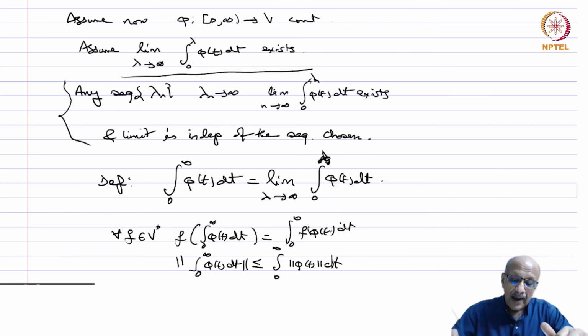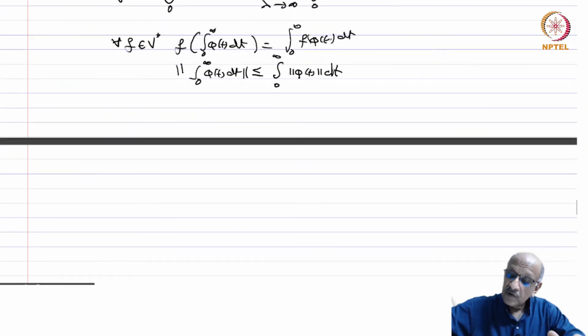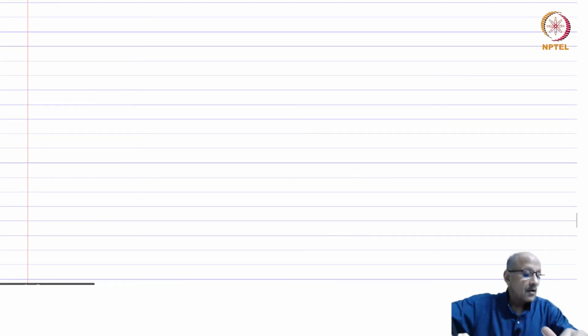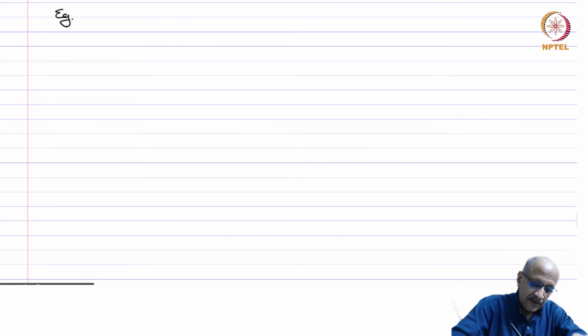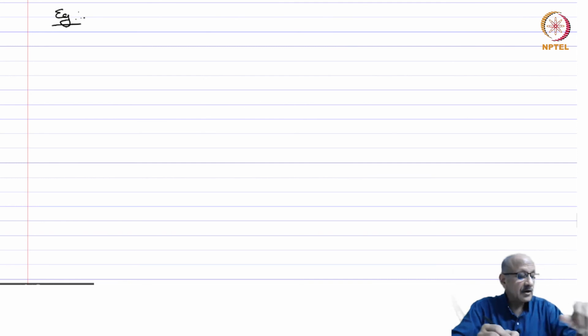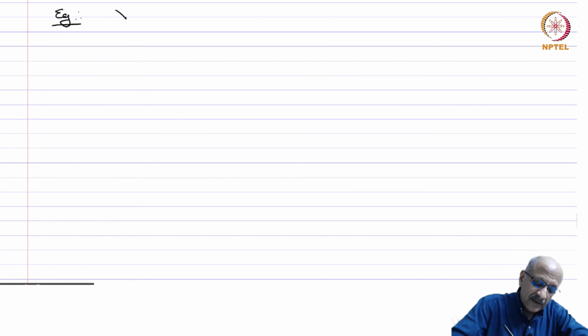Okay. And the last thing which we want to do is, another example if you like, of existence of an integral. Let us take X, S, mu to be a measure space.